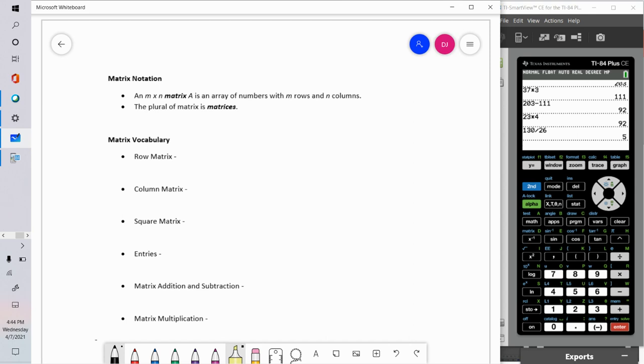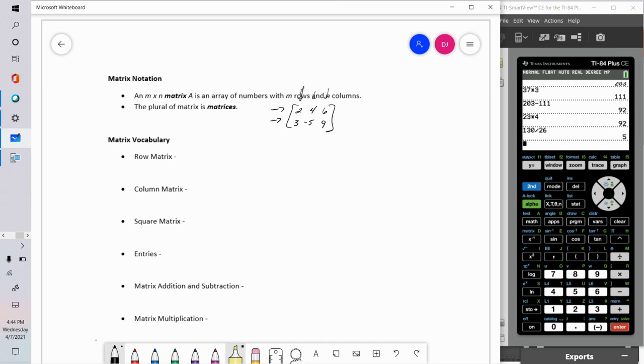So let's suppose that I have a matrix that's 2, 4, 6, 3, -5, 9. Notice that this matrix is an array of numbers. There are rows, there are columns. In fact, there are 2 rows and there are 3 columns. The rows are 2, 4, 6 and 3, -5, 9. 2, 4, 6 is the first row, 3, -5, 9 is the second row.